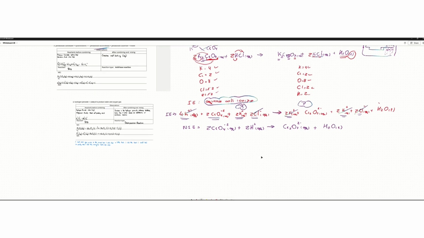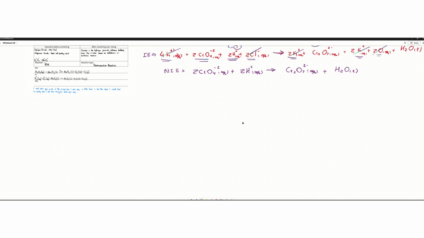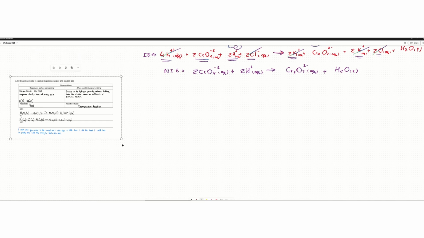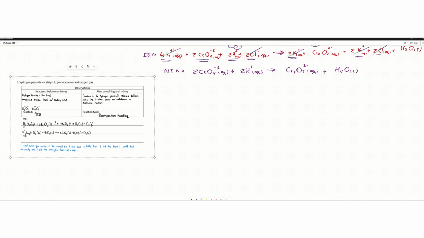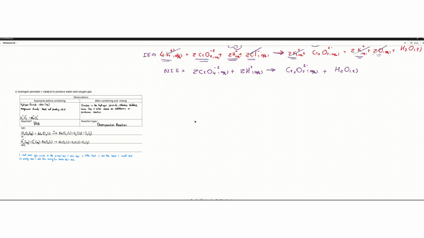Let's go down over here and bring this over here. Let's work on this one. Here we have hydrogen peroxide. They are telling me that we have a catalyst. We use a catalyst in order to accelerate the process, to increase the speed of the reaction.